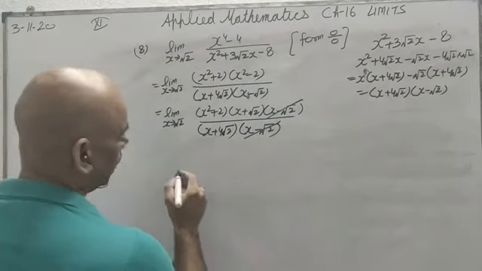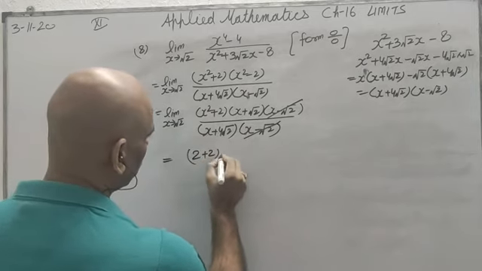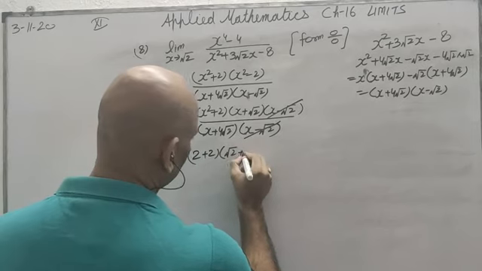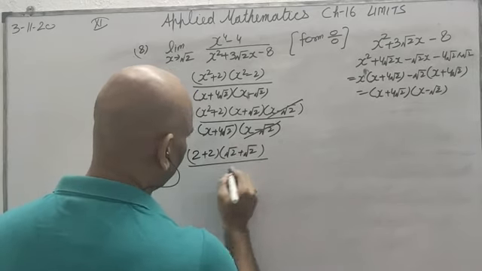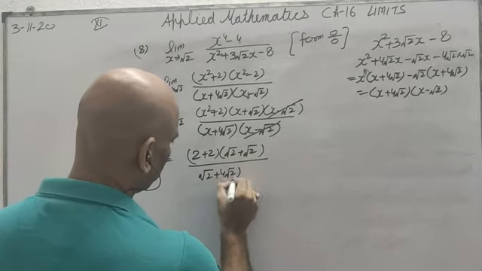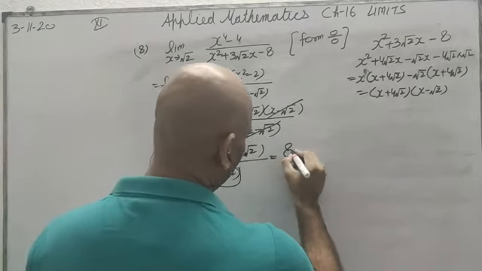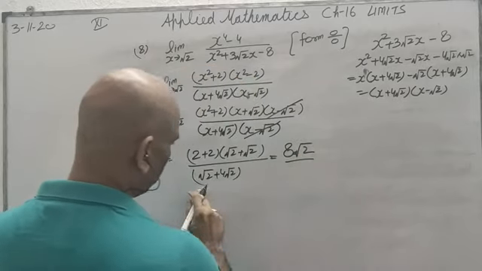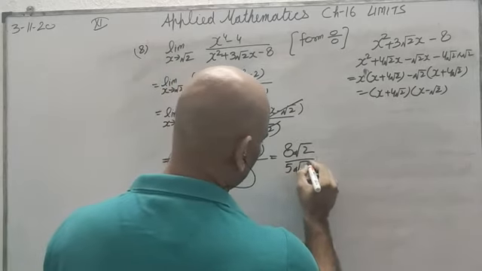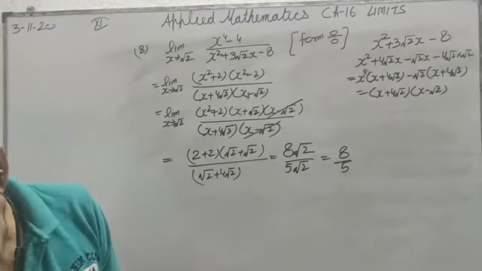Now substitute x as root 2, तो ये हो गया 2 plus 2 4, root 2 plus root 2 2 root 2, at the bottom root 2 plus 4 root 2. So I got 4 into 2 root 2 is 8 root 2, 5 root 2, and the answer is 8 upon 5.